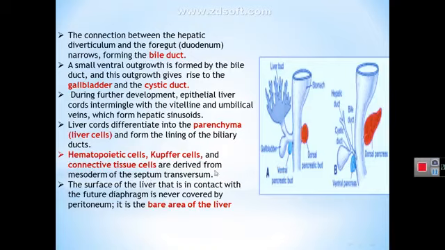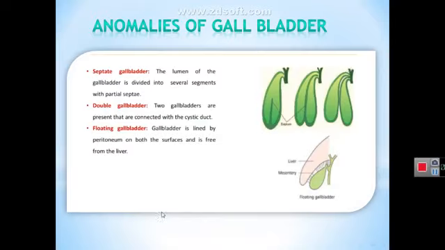The surface of the liver that is in contact with the future diaphragm is never covered by peritoneum. It is called the bare area of the liver. Anomalies of the gallbladder. First one is the septate gallbladder.